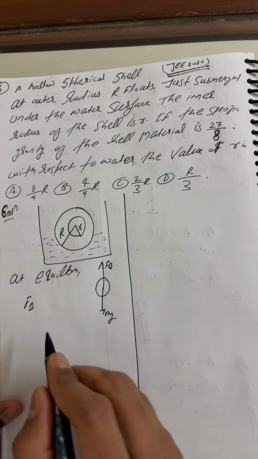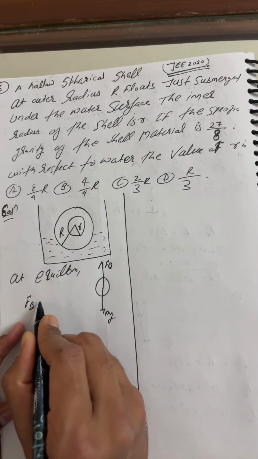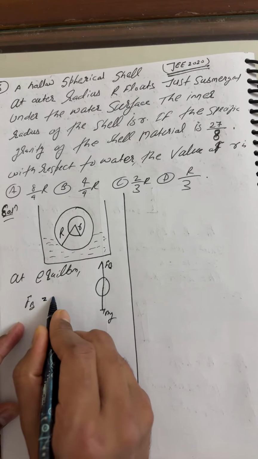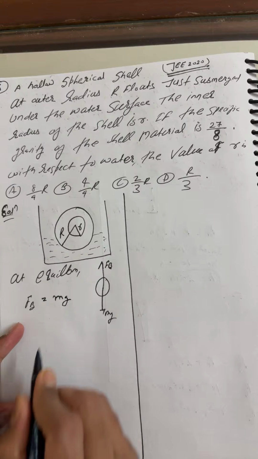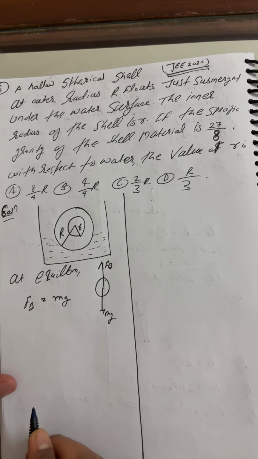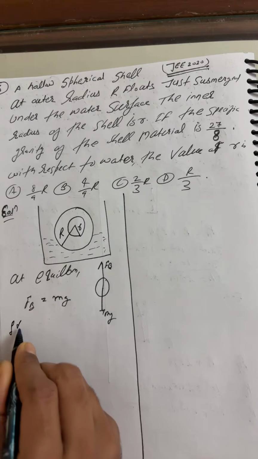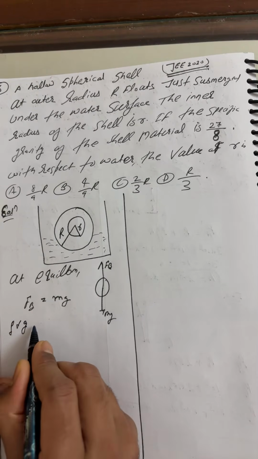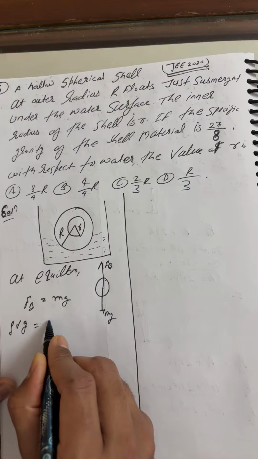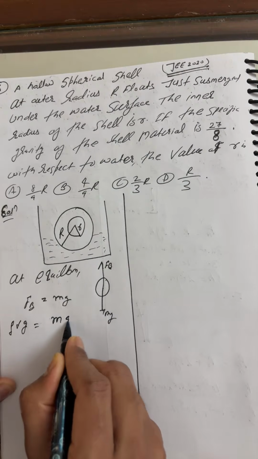So buoyancy force is equal to mg. Now, what is the buoyancy force? You can write rho V g is equal to mg.